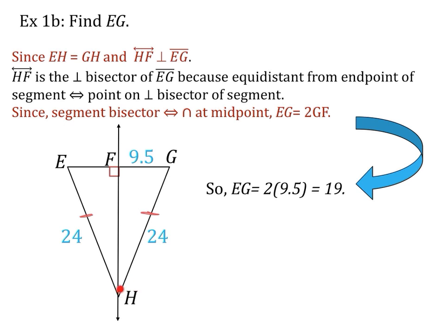So since segment bisector implies midpoint, we can conclude that the full length of EG is twice the length of FG. So we plug it in and we get 19.